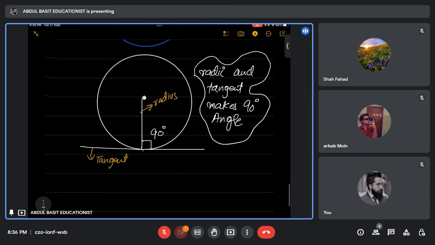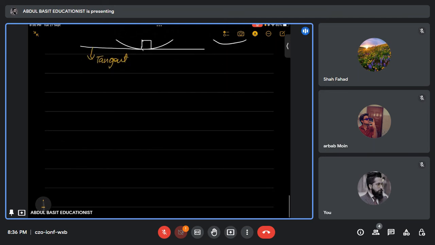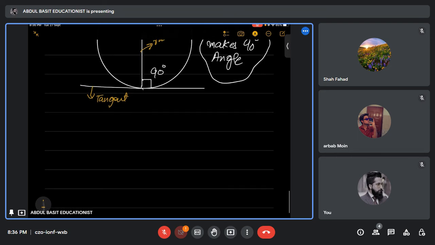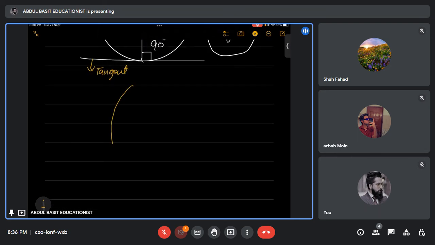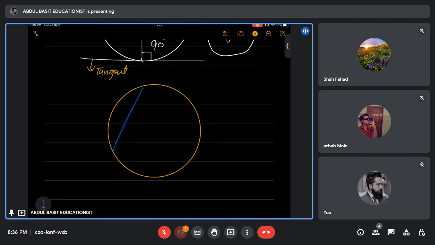Okay, so moving forward, let's see what is left. We have only one, that is the alternate segment theorem, and it says that, for example, in a circle, there is a triangle like that. Let me make the triangle with another color, so it will give you a better look to understand.